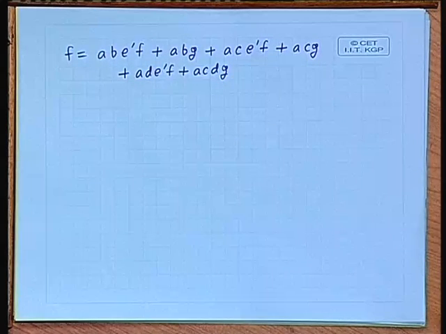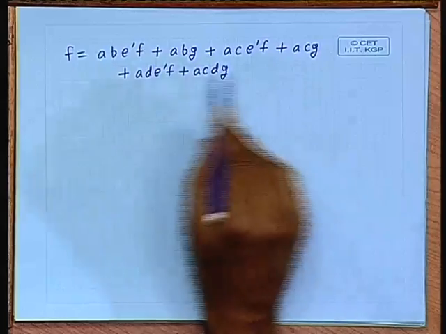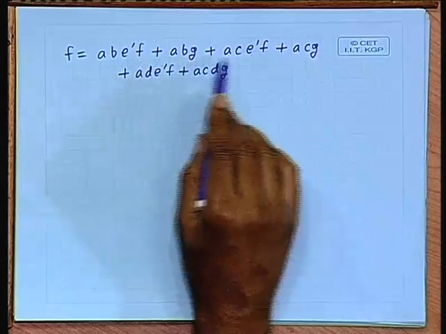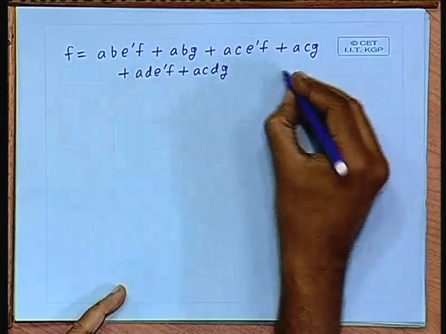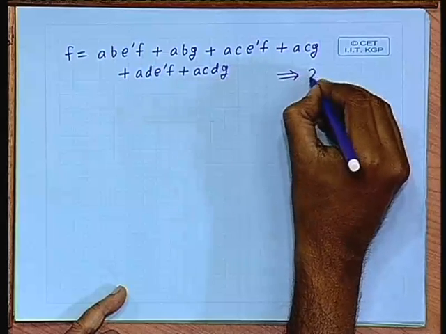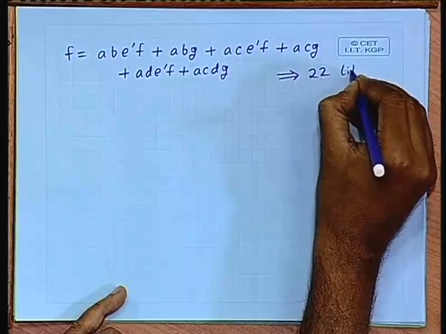You count the number of literals, you see that there are 22: 4, 7, 11, 14, 18, 22. So, there are 22 literals.